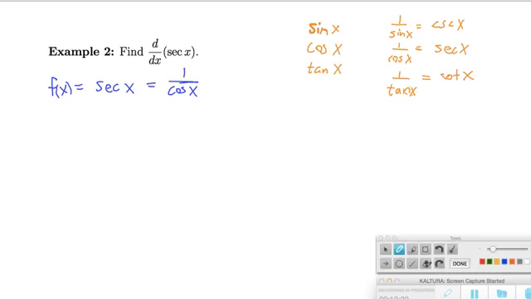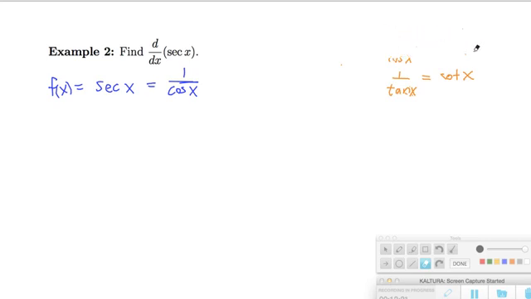Since we do have a quotient here, we will be doing the quotient rule on this. So that's our original function. When we do its derivative, we're going to be doing low d high minus high d low all over low squared.